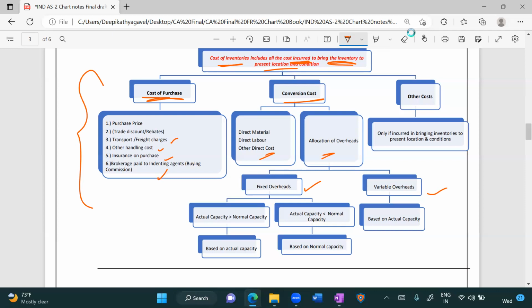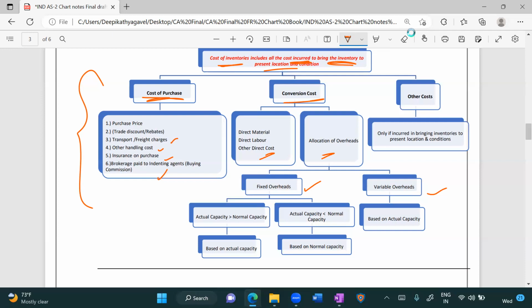And here, an important thing, in case you've already learned this in your SCMP or in your costing: if they are variable overheads, then they will be measured based on your actual capacity. But if they are fixed overheads, fixed is irrespective of your production capacity, you're going to incur that. So whether you do production or not, fixed overheads are going to be incurred anyway.